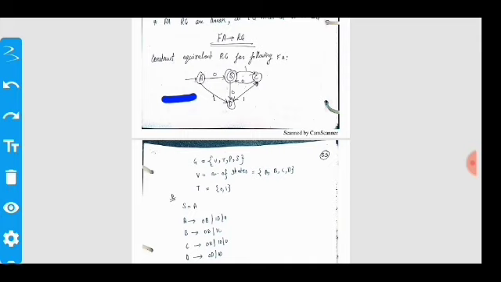Then we get the productions. From A, when we give 0, it goes to state B, which is a final state. So the production of A is A → 0B | 1D | 0, because on input 0 it goes to a final state.